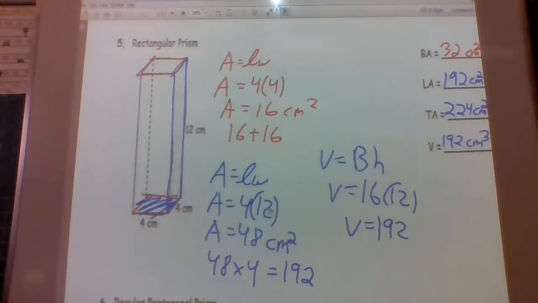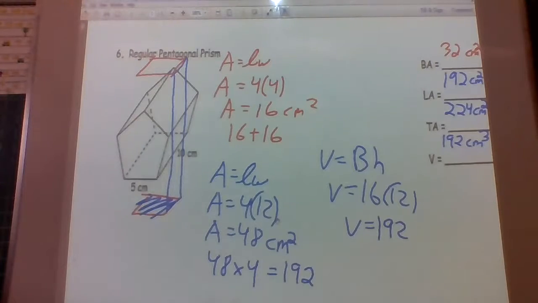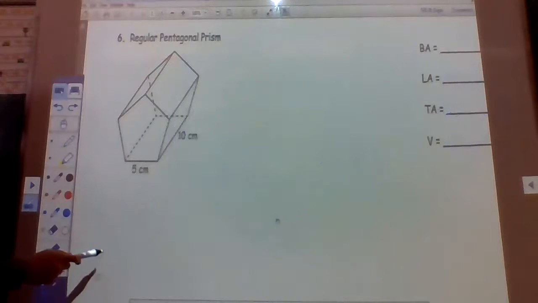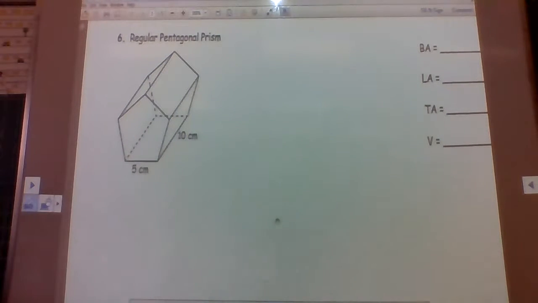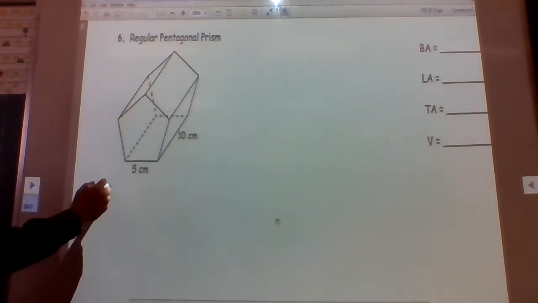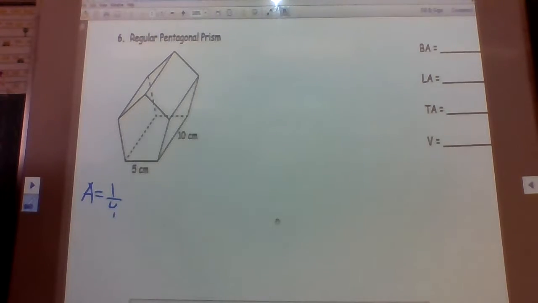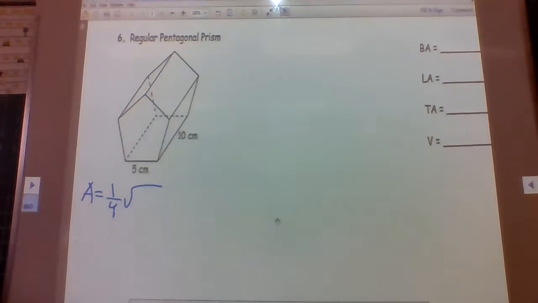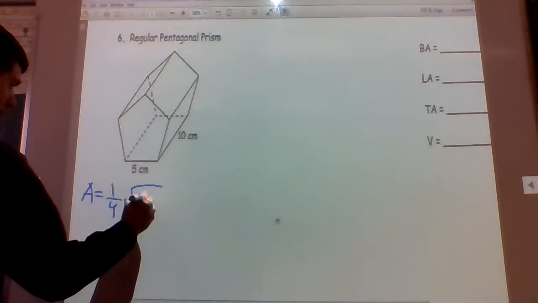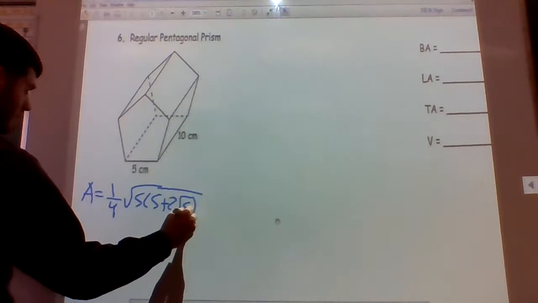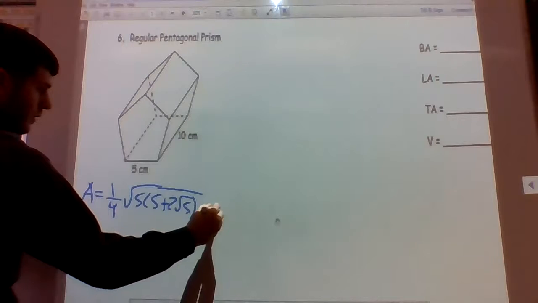And the last one, number 6 here. It's a regular pentagon. So I told you guys the area for the pentagon. Our formula for the pentagon is not something you need to know, but it looks something like this: 1/4 times the square root of 5 times (5 plus 2 root 5) times a squared.